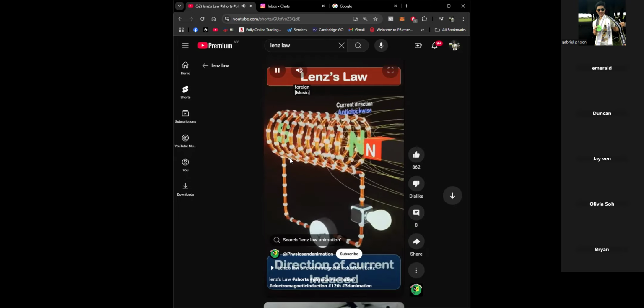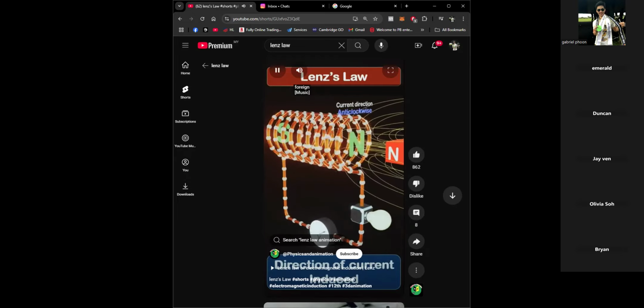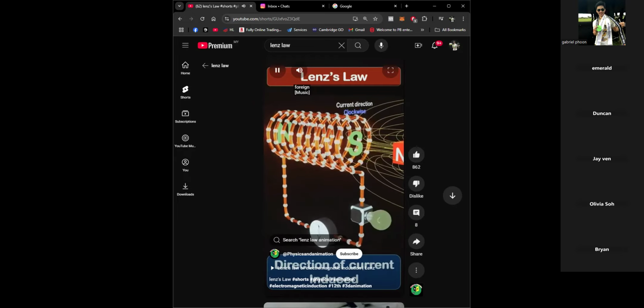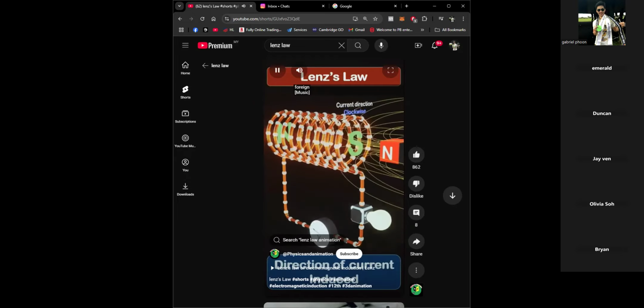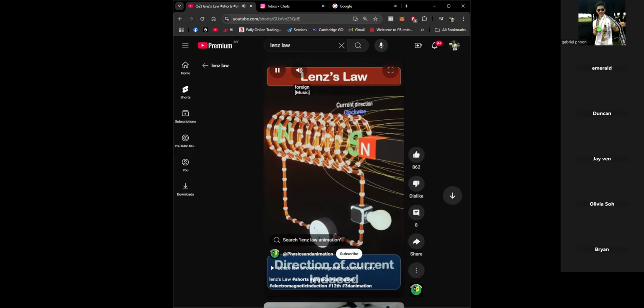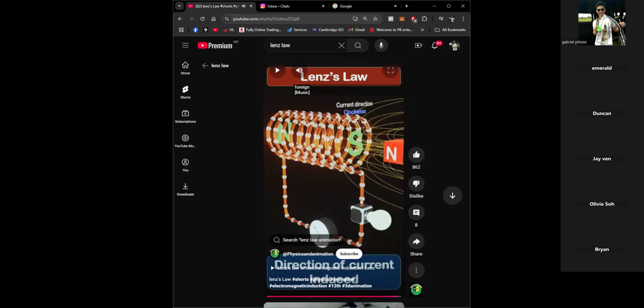So if I continuously go in and out, it will keep changing the direction of the magnetic field and the current, of course, as well. These small little white dots represent the flow of current and electrons, guys. As you notice, as I push in, the flow of current will be in one direction. As I pull out, the flow of current will be in the opposite direction also.